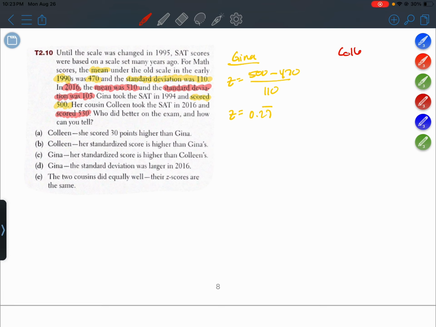Colleen, on the other hand, her score was 530. The mean for her year was 510. Standard deviation 103.